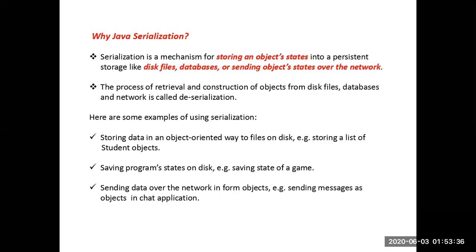Whenever we want to know the details of that student, we simply call that student with the corresponding object S1. Serialization is used for storing the state of an object. In gaming also, serialization is used to save the state of the game. In chat applications also, serialization is used. These are some applications where we use Java serialization.